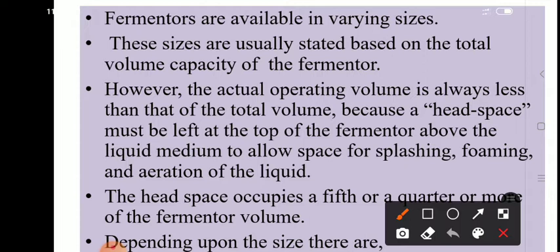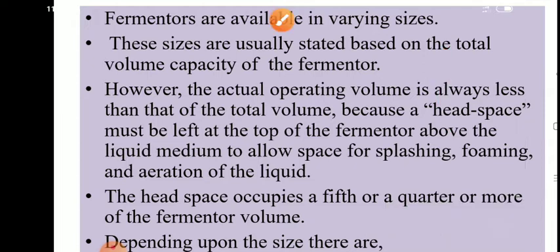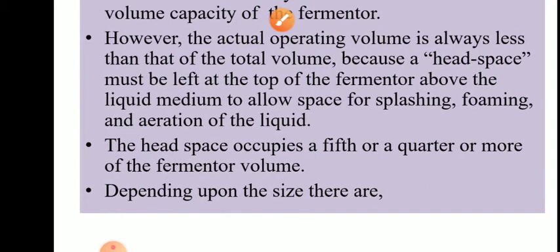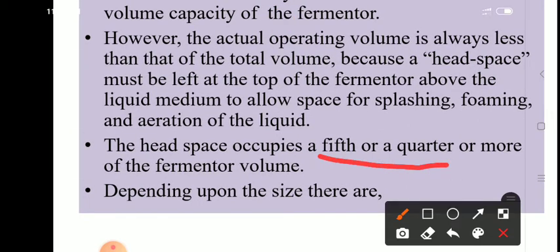To allow space for splashing, foaming, aeration, and mixing, a head space must always be there above the liquid medium. So the actual volume capacity and the working volume capacity are different. The head space occupies 1/5 or 1/4 of the fermenter volume.